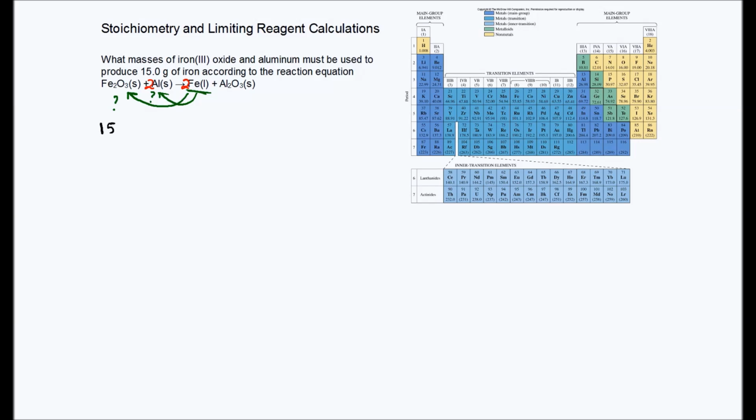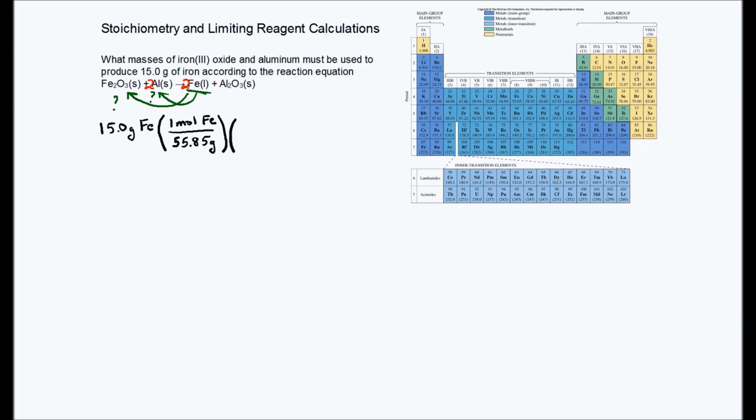Starting with the iron liquid that I know, I have 15.0 grams of iron. I can first convert that to moles, because 1 mole of iron, I know its molar mass from the periodic table, is 55.85 grams. That gets me to moles of iron.